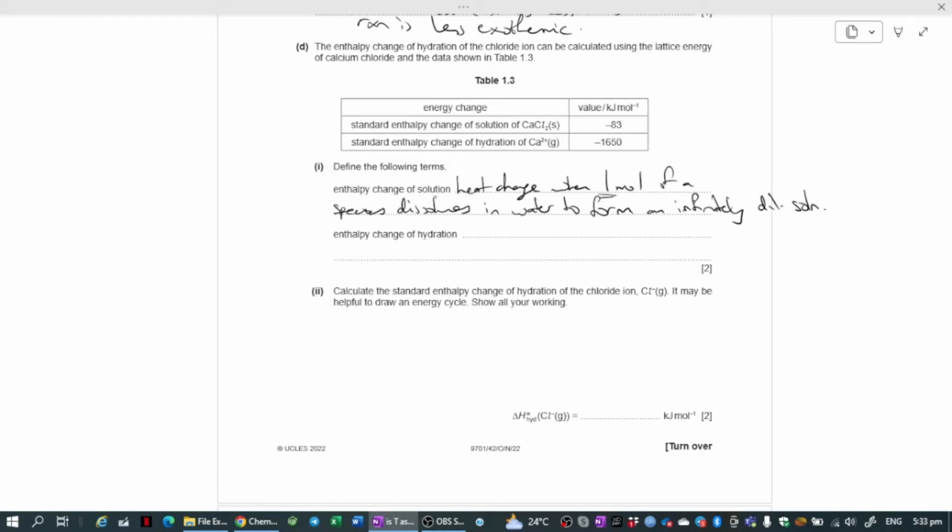The enthalpy change of hydration would be the heat change, or you could say the heat evolved, because hydration enthalpies are always exothermic, when 1 mole of gaseous ions dissolve in water. Right? So these are the definitions here. For enthalpy change of hydration, we are looking at gaseous ions dissolving in water. Enthalpy change of solution, we are looking at 1 mole of a species dissolving in water.